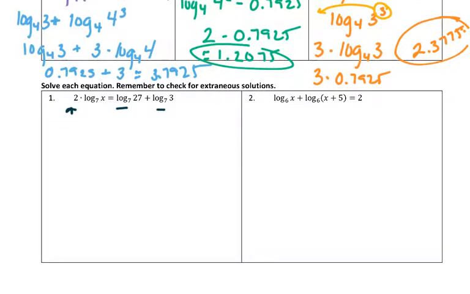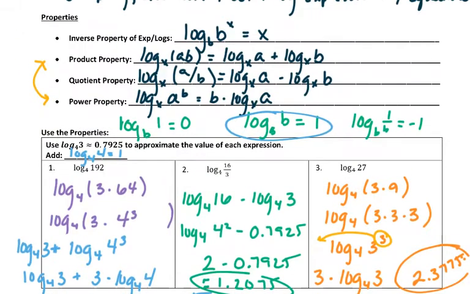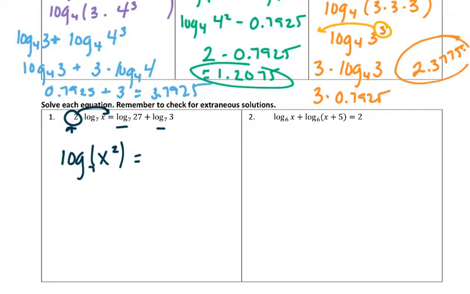So the left side, this number out front could have been an exponent, so that's how we're going to write it. Log base 7 of x squared equals, when you have two logarithms that add together, that means they were being multiplied. So, log base 7 of 27 times 3.